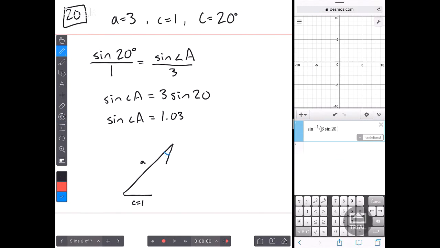And they're just not going to reach. Just not going to work. Just not going to come together. No triangle. Too far away. Can't be met. Any questions on no triangle at number 20? Ambiguous case? You run into problems?